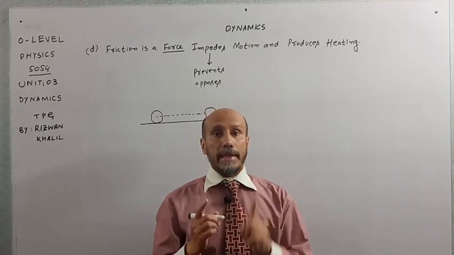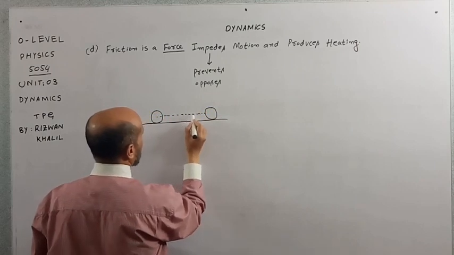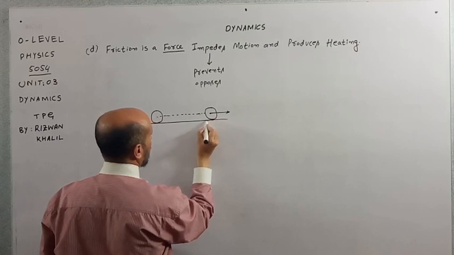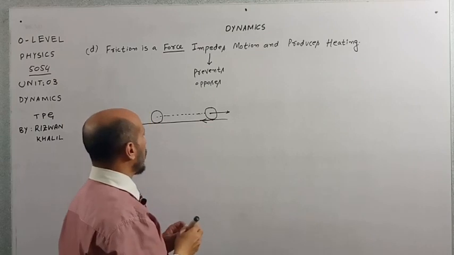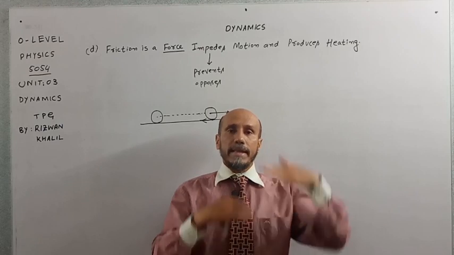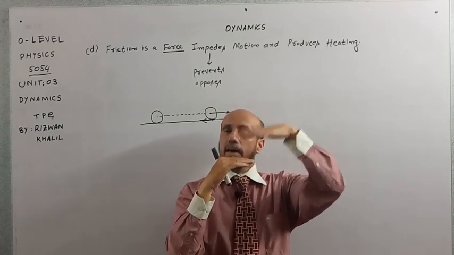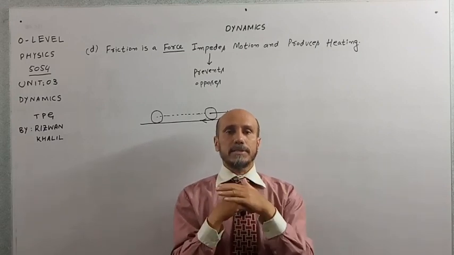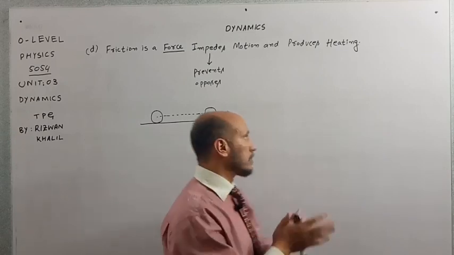Friction always acts in the opposite direction of the motion. Let's suppose the body was moving in this direction, then friction will act in the opposite direction. And in order for friction to act, the two bodies should be in contact with each other. The tire is in contact with the earth. So when two bodies are in motion and in contact with each other, then definitely friction will be produced, and friction opposes the motion.